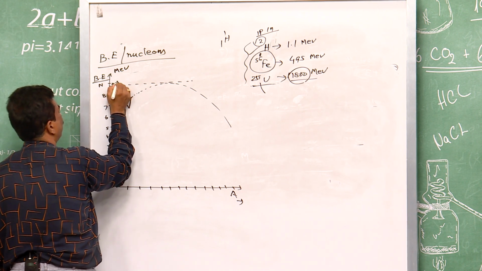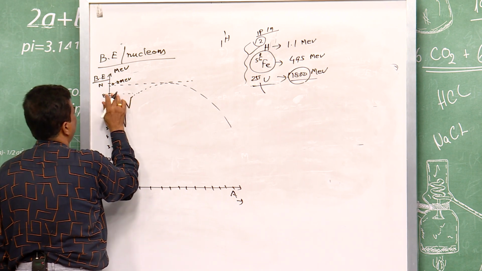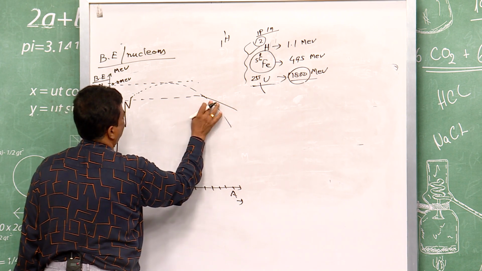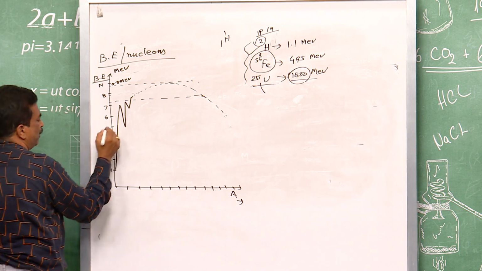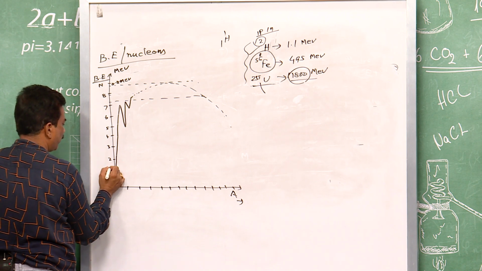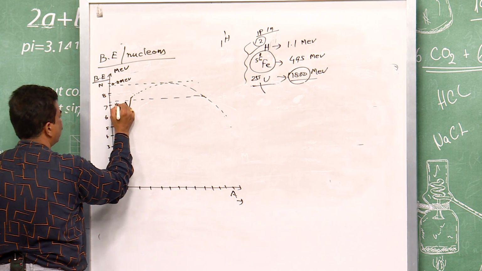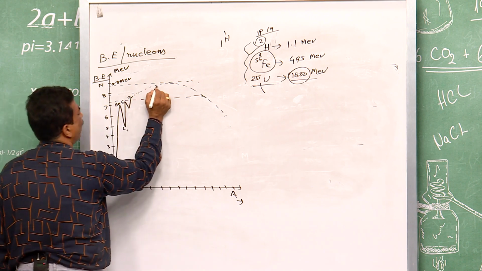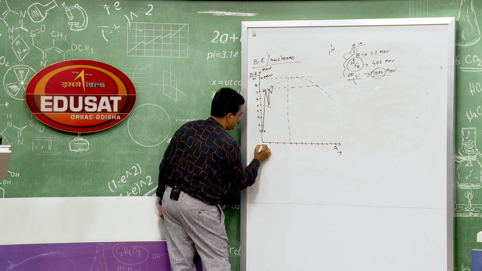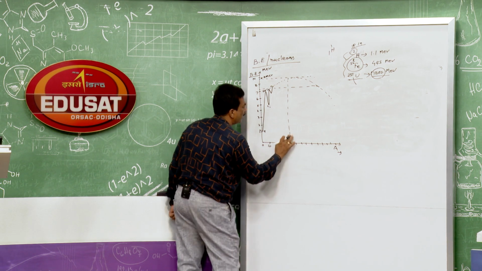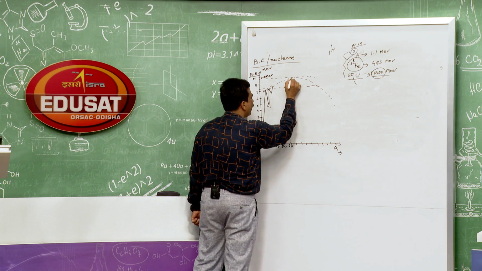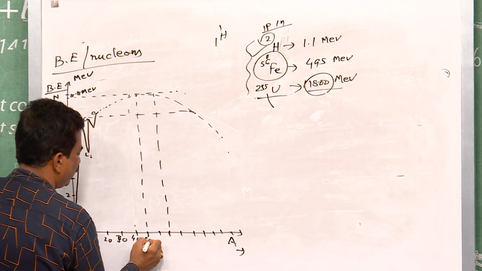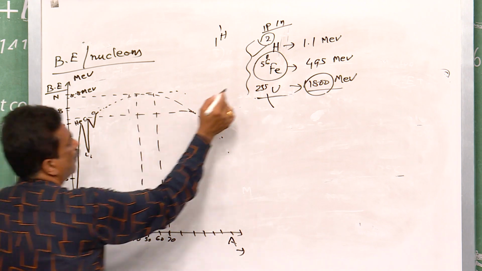This is 8.8 MeV. Likewise, this is for hydrogen, helium, lithium, boron, carbon, oxygen, and this 8.8 corresponds to 0, 10, 20, 30, 40, 50, and from 50 to 60 means for iron, that is 56.